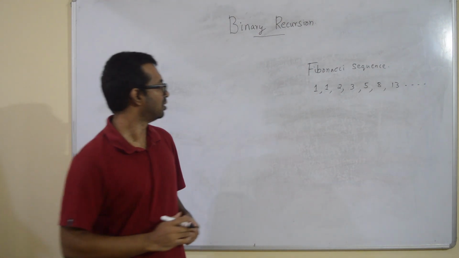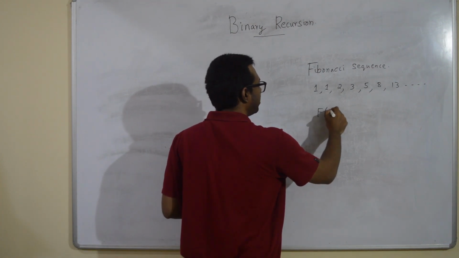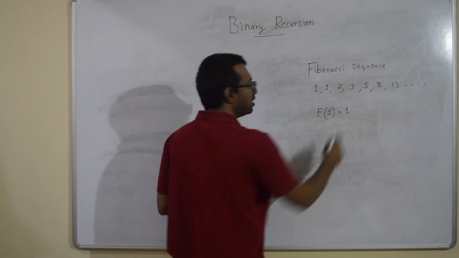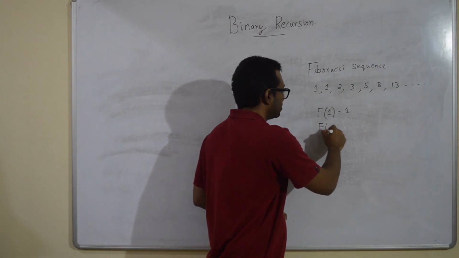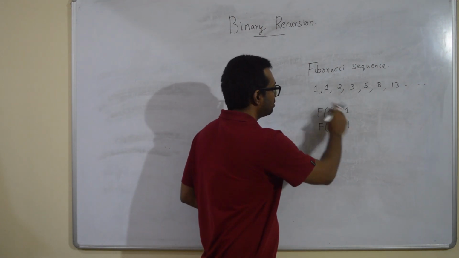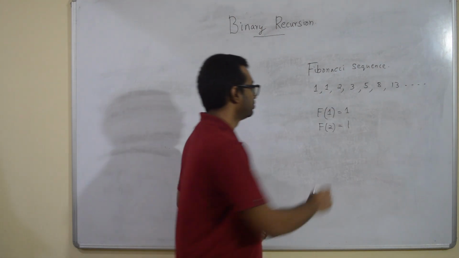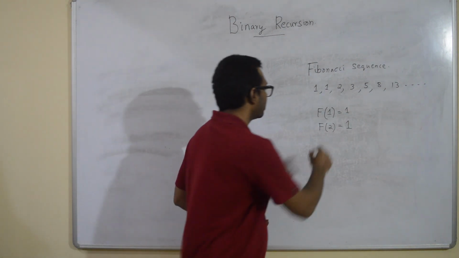Okay. So the first Fibonacci number is 1. The second Fibonacci number is 1. First two. And from the third onwards, we know what has to be done, right?